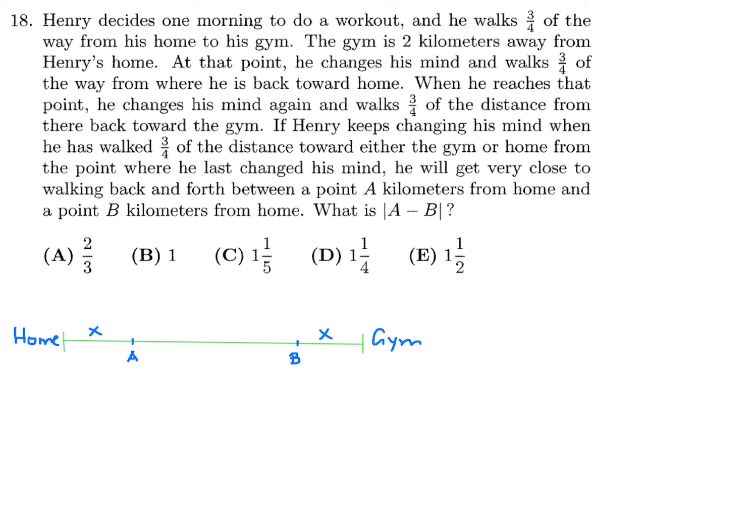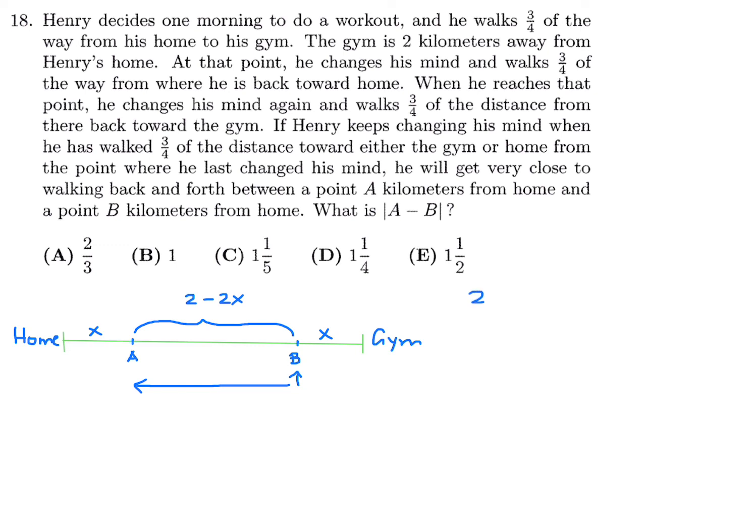So now we have to think about this. We're going to label a bunch of stuff here. The distance between A and B, since the total distance is 2 kilometers, is going to be 2 minus 2x. If he's at B and then he starts walking this way, he only walks 3/4 of the distance from B back home.